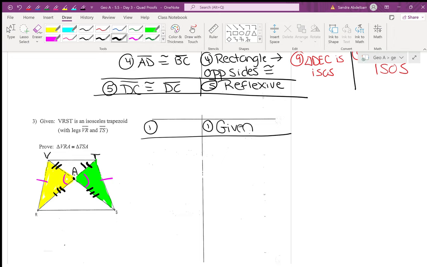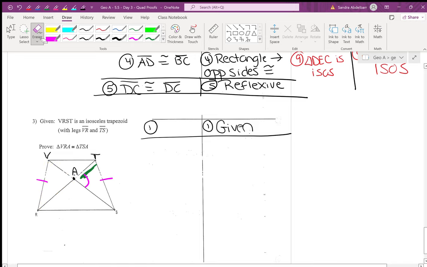No. So we would just have an angle and a side. So what are we going to have to do? Take a detour. So we need to prove a different pair of triangles congruent.